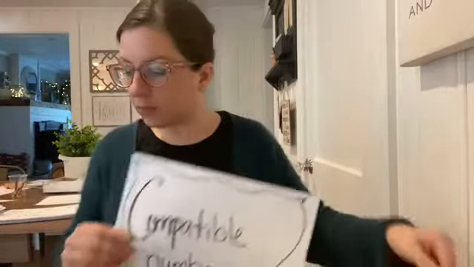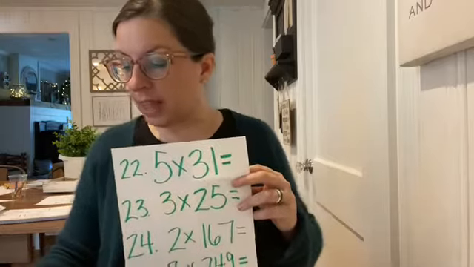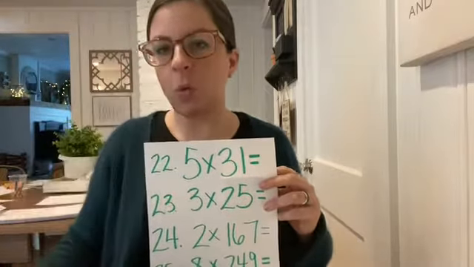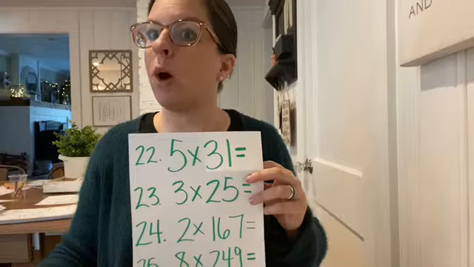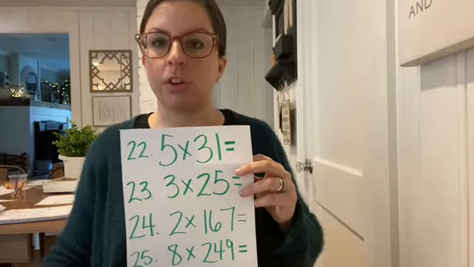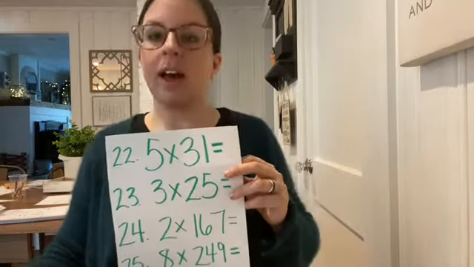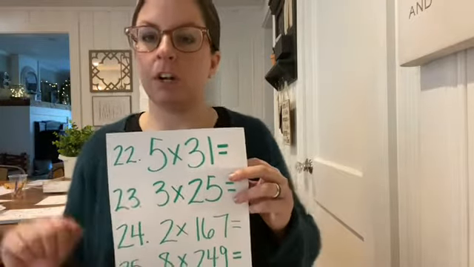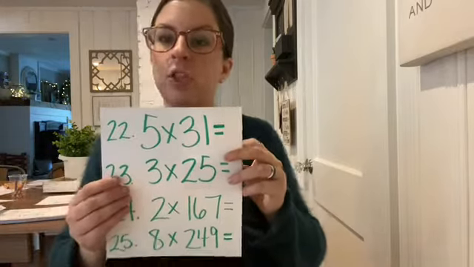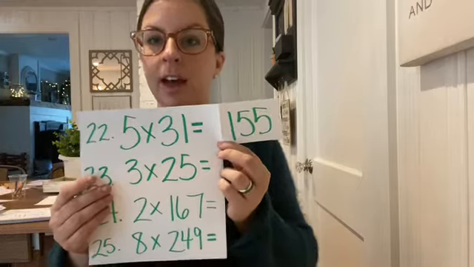If you look at number 22, you would say, 31 is close to what compatible number? What's something that would be easy to multiply that's close to 31? 30. So 5 times 30 would be 150, but once you actually multiply it, it comes out to 155.